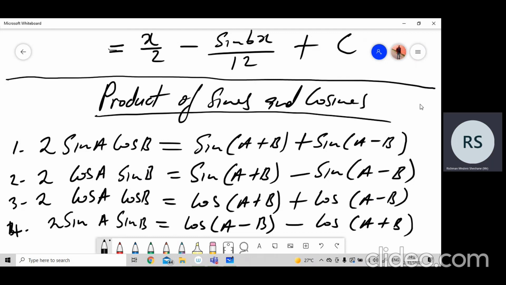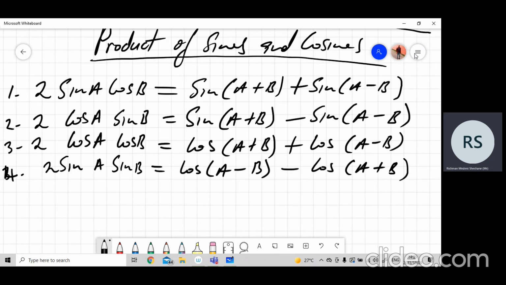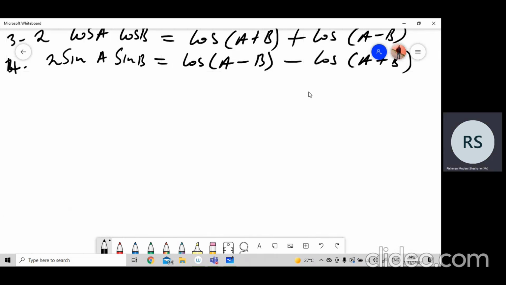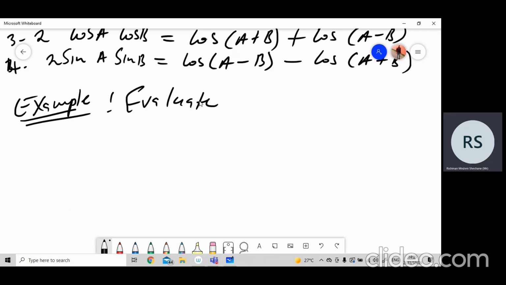to integrate the products of sine and cos. Let's look at the example here. Let's say we want to evaluate this integral: sine of 4x times cos of 2x dx.